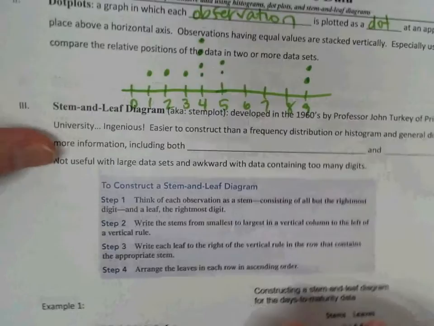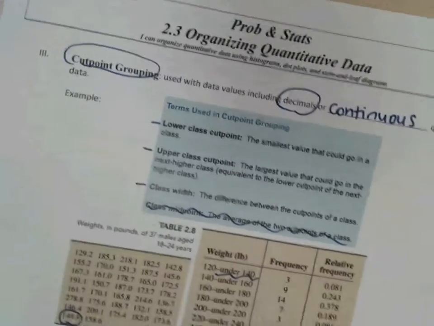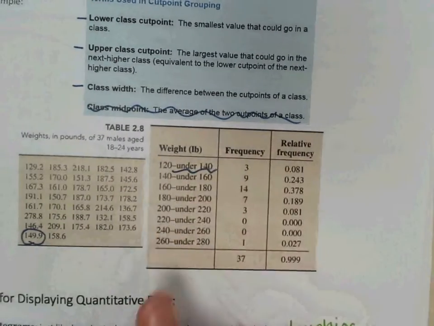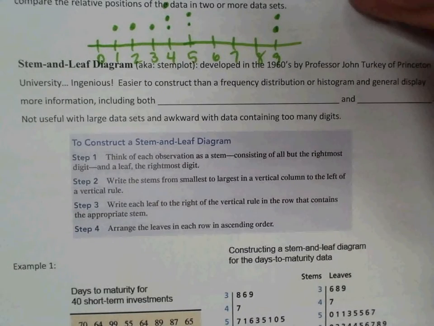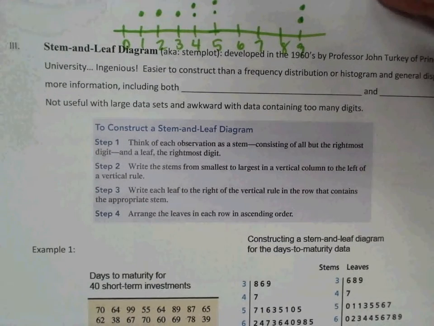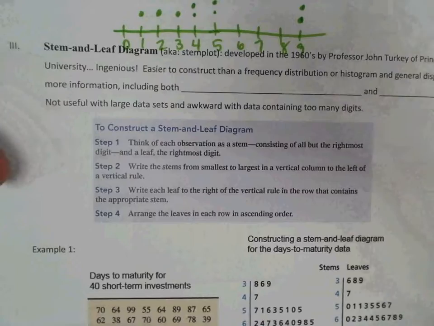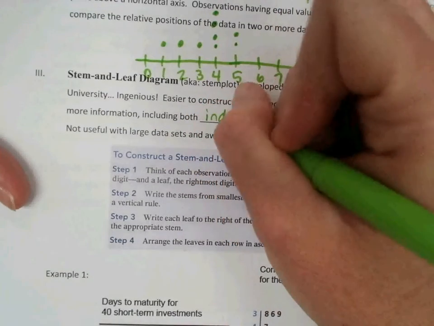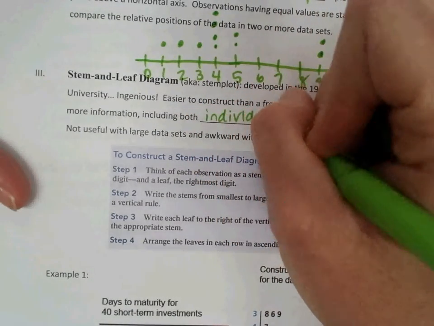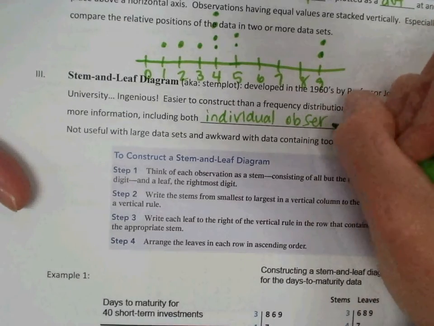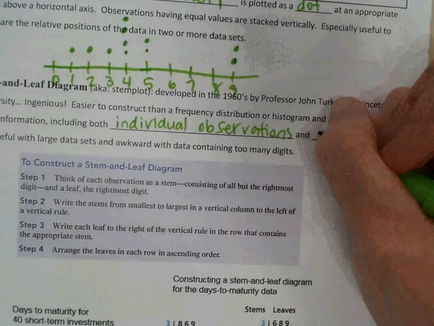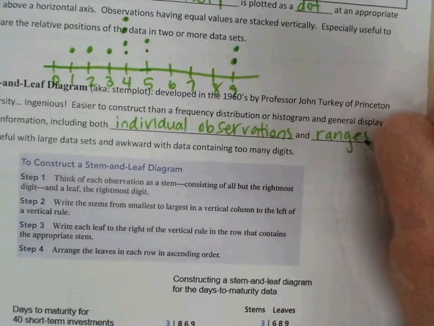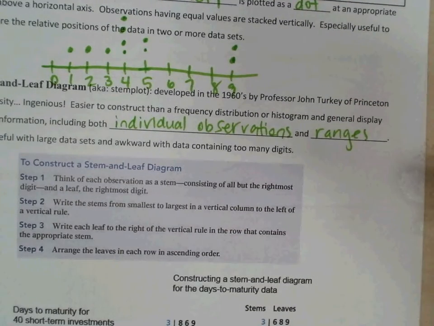It's easier than constructing a frequency distribution, so it's easier than creating these. It is just a general display with more information, including both individual observations at the same time as displaying ranges of data.